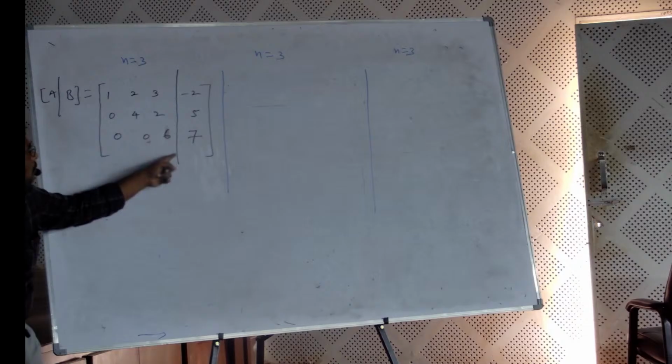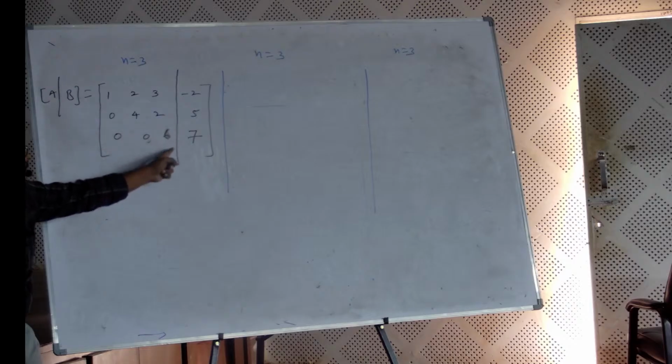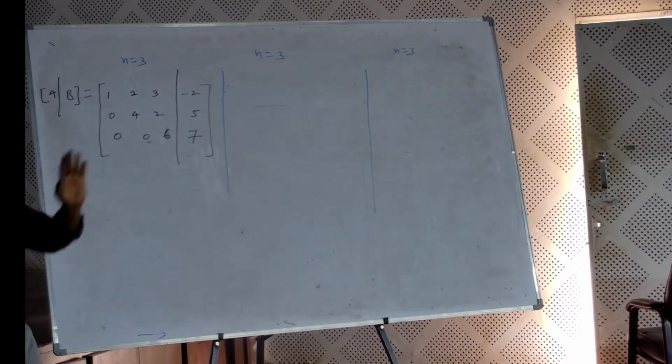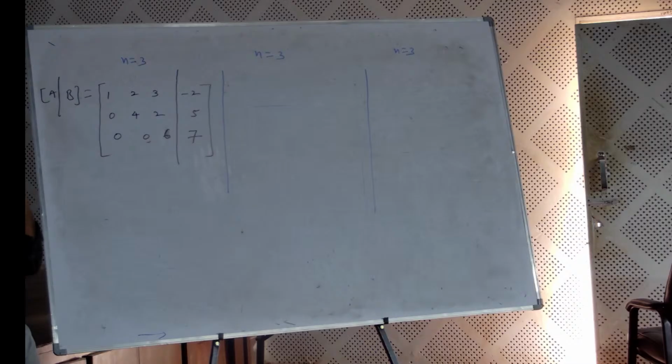What is in front of this line? A. What are the elements of the A matrix? 1 2 3, 0 4 2. Good. 1 2 3, 0 4 2, 0 0 6. This belongs to A. Only concentrate on here.